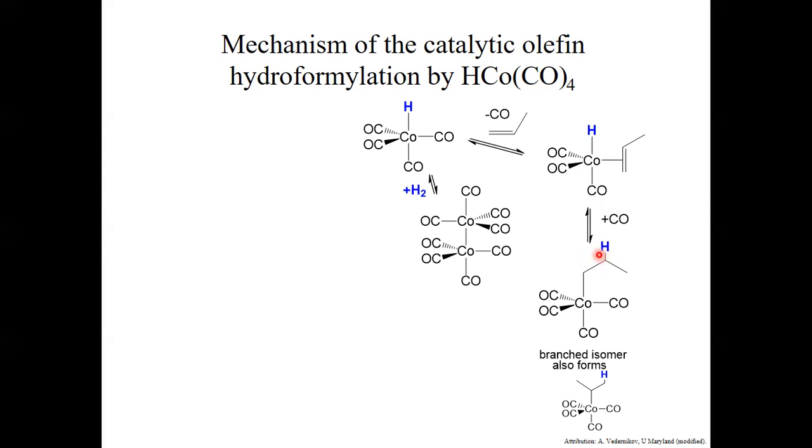The hydrogen can either be located here, and well, this carbon binds to the cobalt, or the hydrogen can be located here, and the other carbon binds to the cobalt, and so you're getting a mixture of these two compounds. For that reason, you get eventually also the mixture of aldehydes.